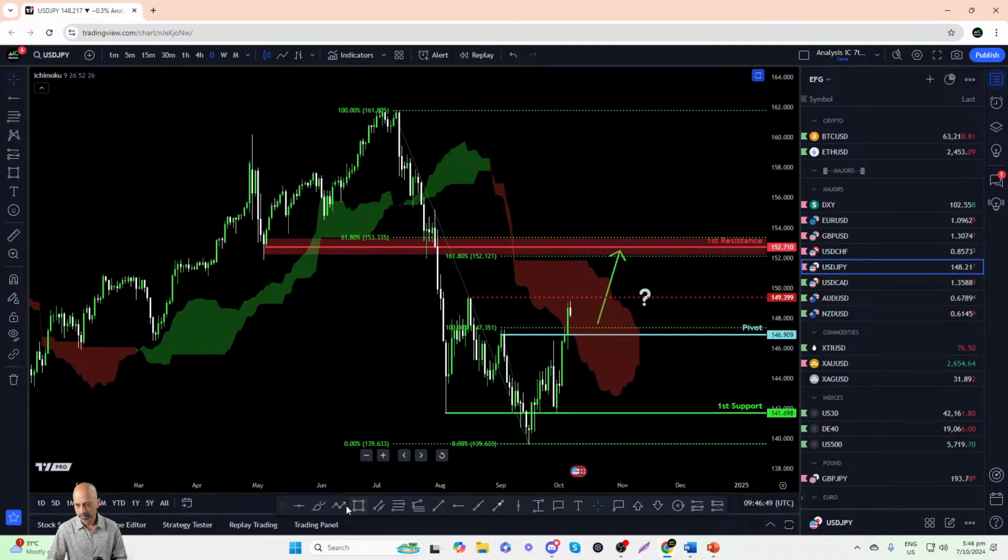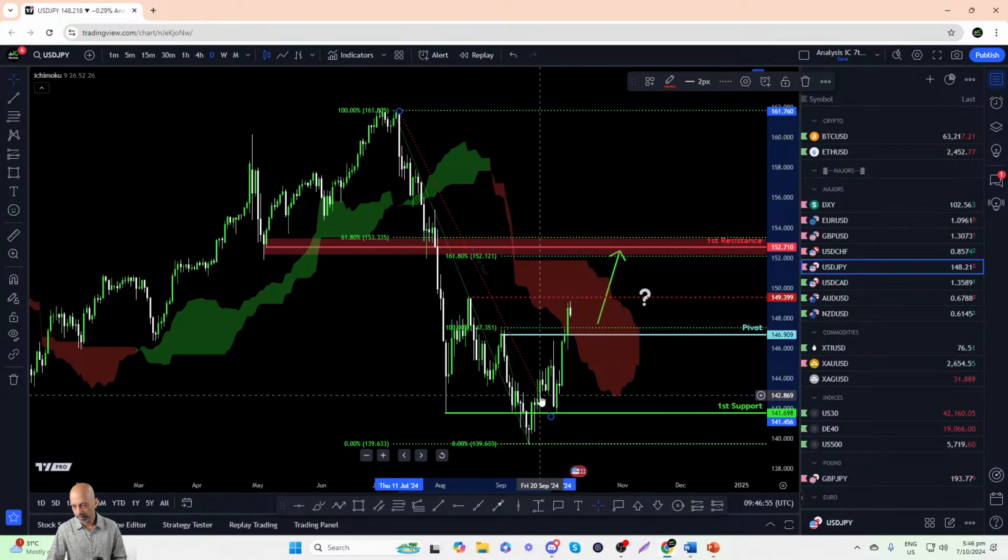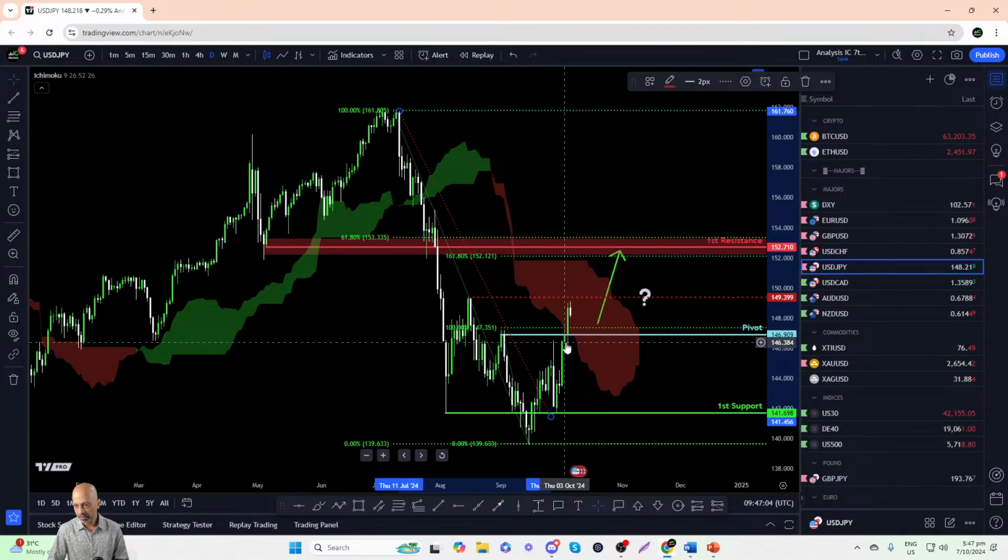There was a pretty decent descending trend line for the dollar yen that was taken out on Friday, 20th of September. So there was a bullish break above the descending trend line on 20th of September. And then last Friday, we saw another bullish break above the swing high resistance that took place on 2nd of September. So we've seen a strong bullish reversal for this currency pair, breaking above a prior high as well.